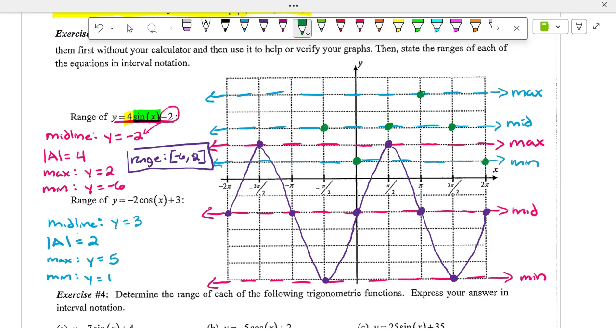Opposite way, mid, max, mid, min. So there's that graph. Okay, what's the range? Backwards, 1 to 5. It's always in numerical order.